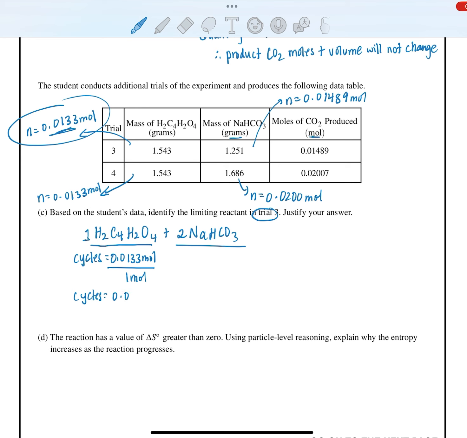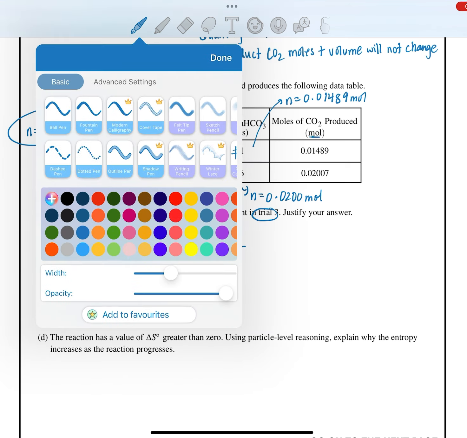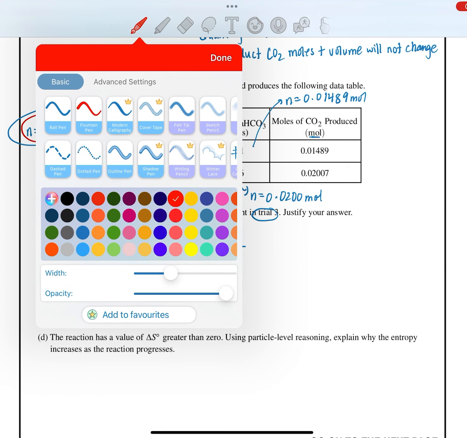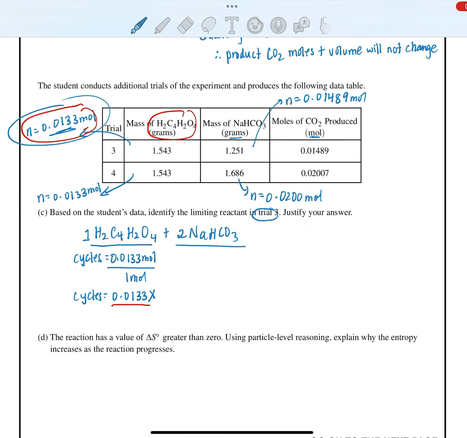So I get 0.0133. We can say the unit is times or x. What a cycles calculation means is, if I have this many moles of this compound, I would be able to run the reaction this many times. Okay, so let's do the same thing for my other reactant. For the sodium hydrogen carbonate, the cycles equals my actual moles.